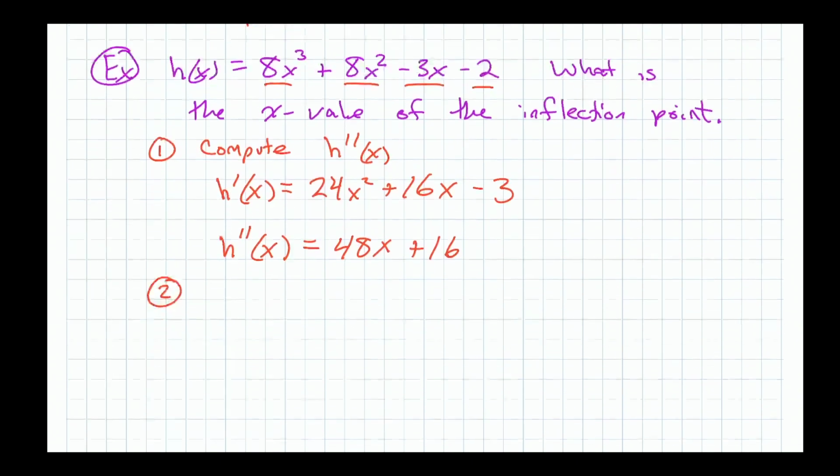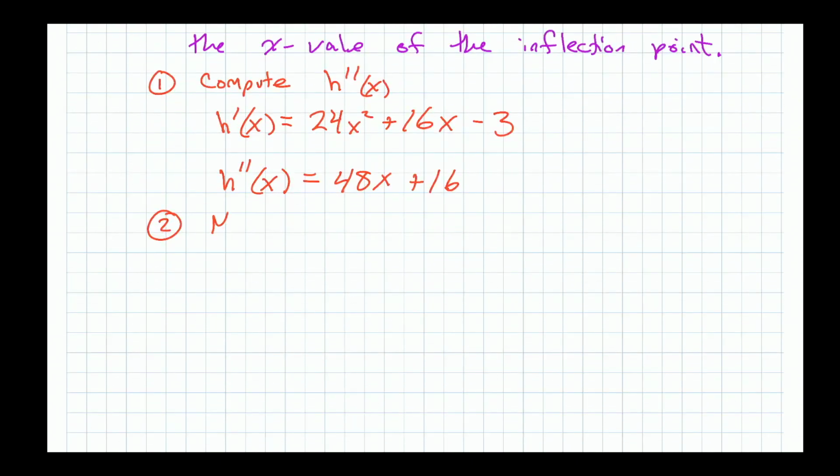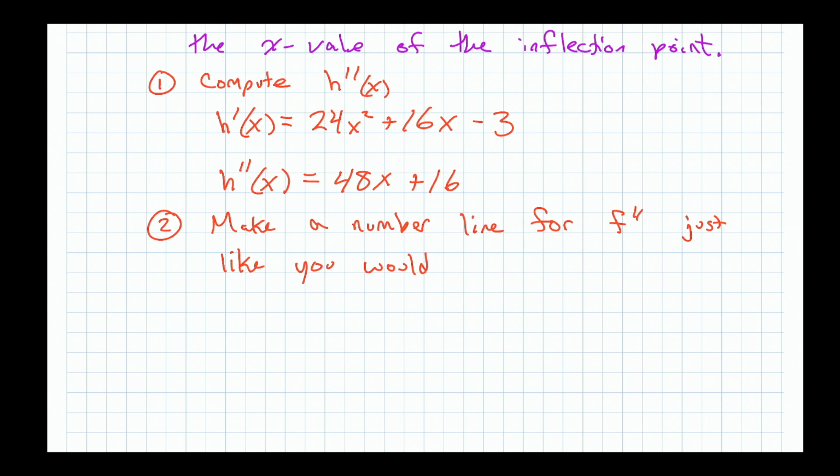So what you do is we make a number line for, I'll say f double prime, even though this is h, just because this is like generic instructions. So make a number line for f double prime, just like you would for f prime if we were doing the first derivative test, which we're not.